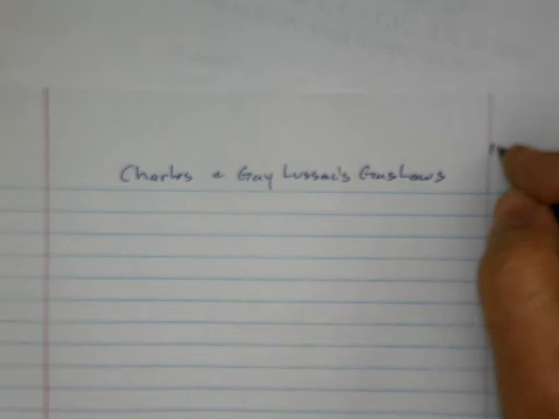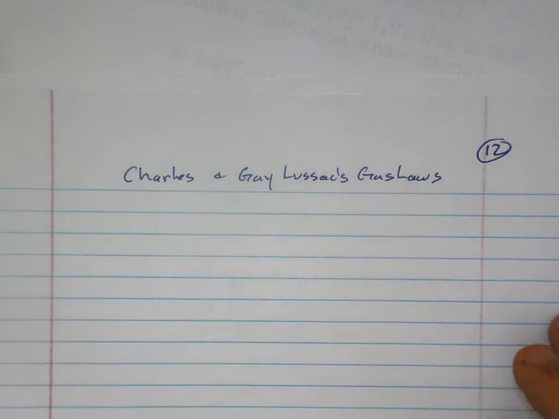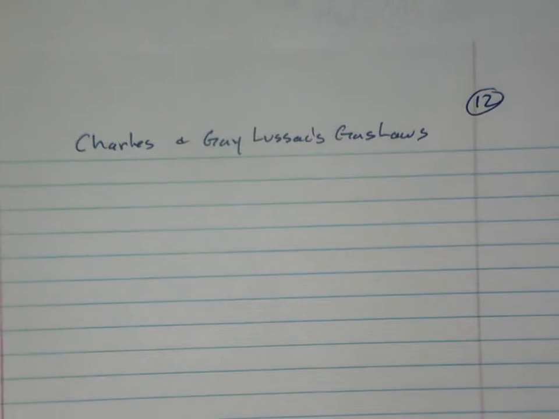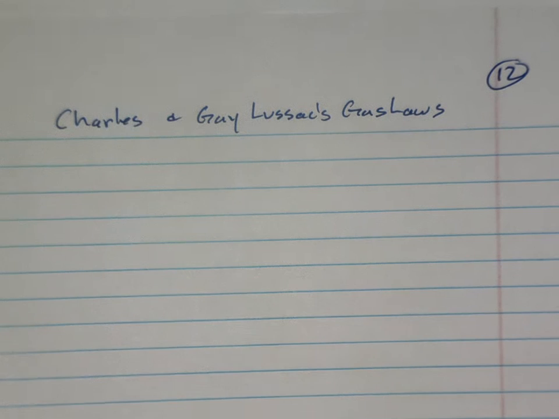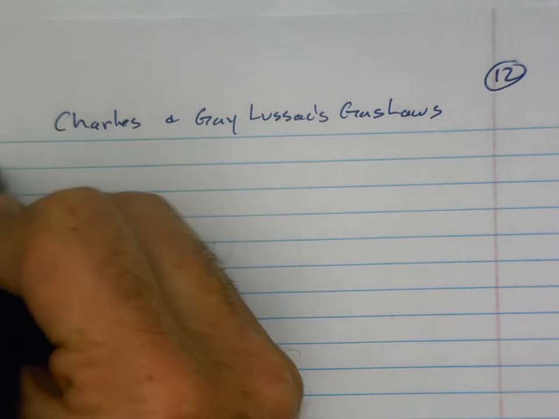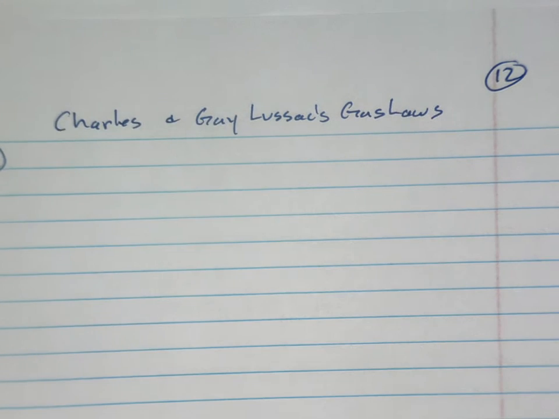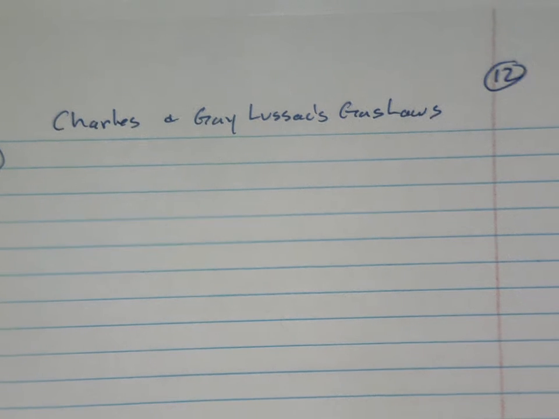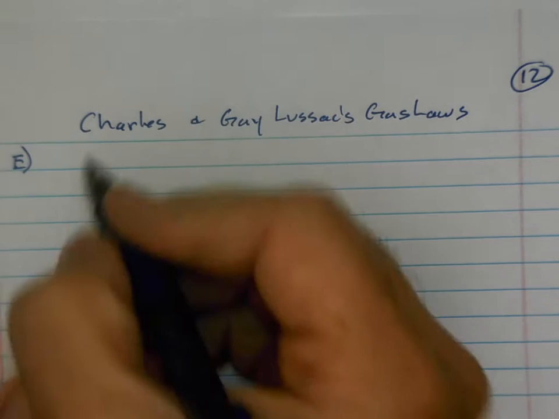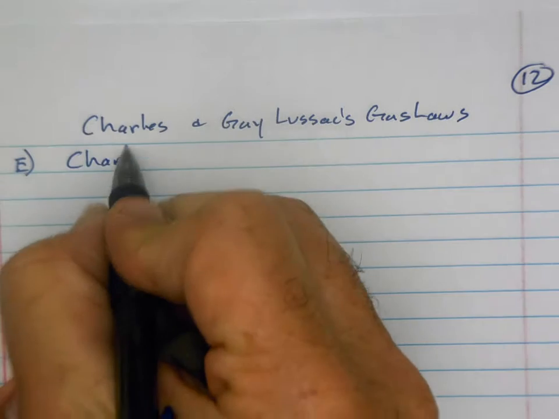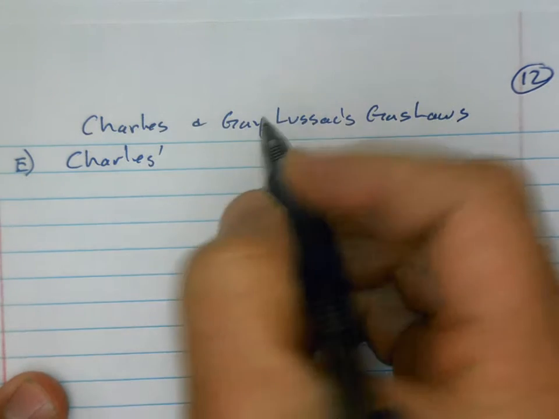This is assignment number 12 in your notebooks. So, Part E. This is a continuation from the notes we had on 11, so we'll start at E, and we're going to do Charles's law, plural possessive there, Charles's law.